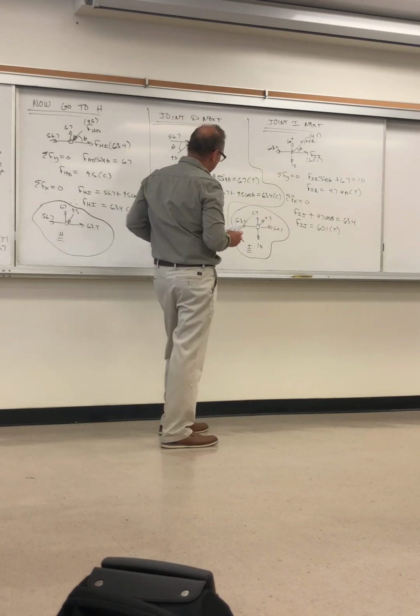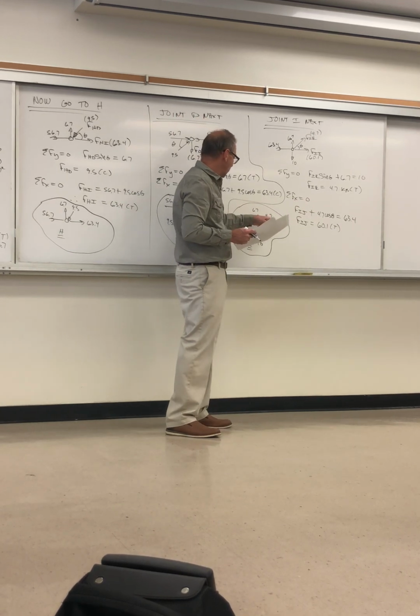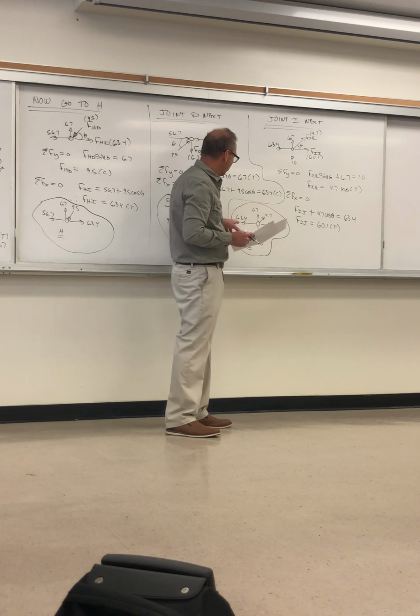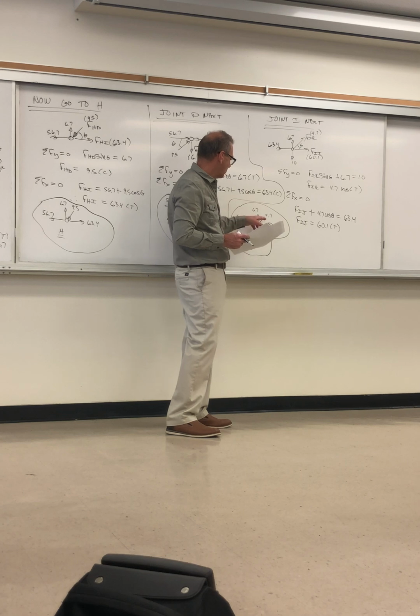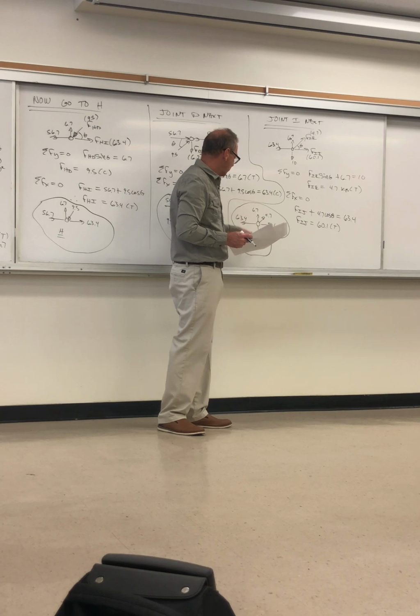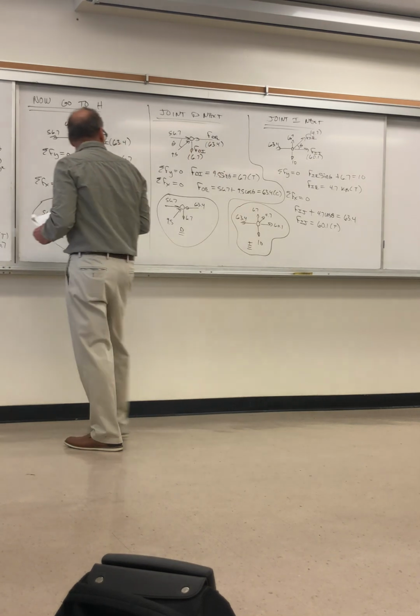Take a quick look. 60 plus 3. That's good. That's balanced by that 63. 6.7 up, 10 down, but there's also about a 3 from the vertical component of 4.7. So that balances up. So everything's good.